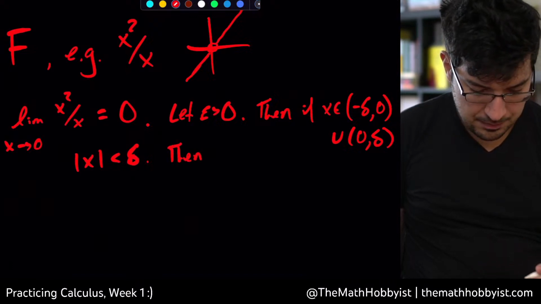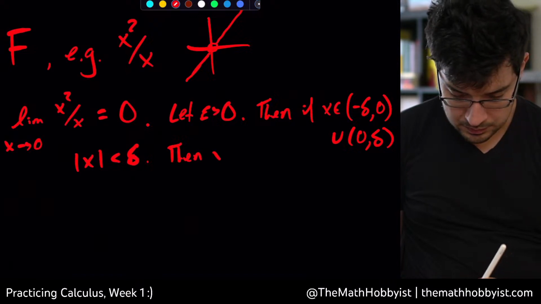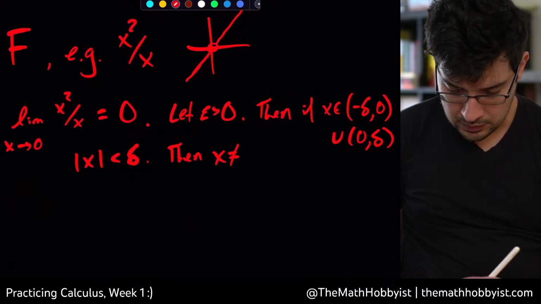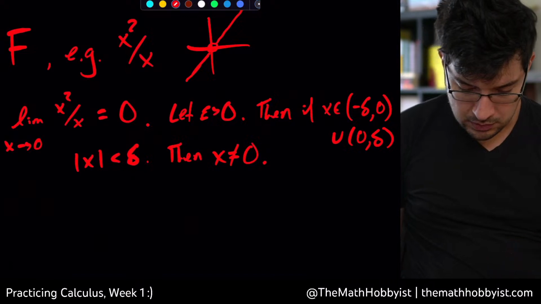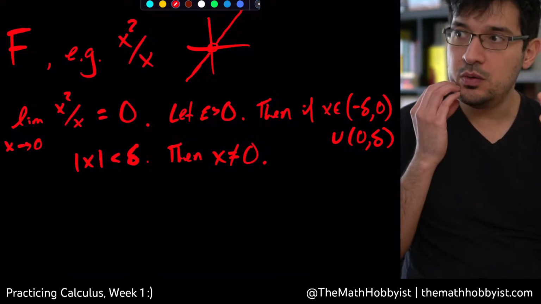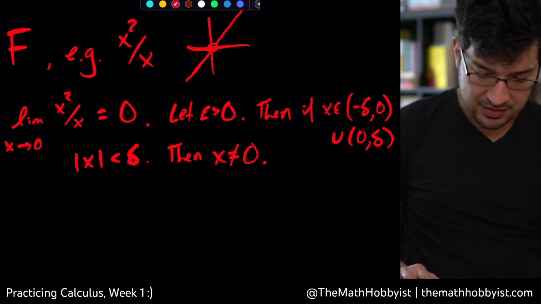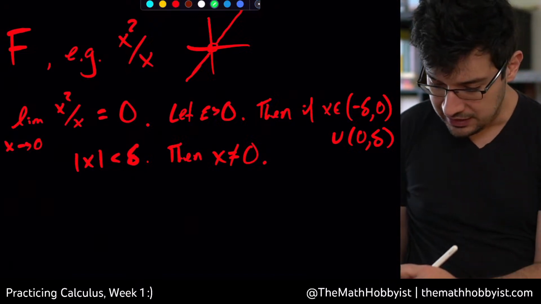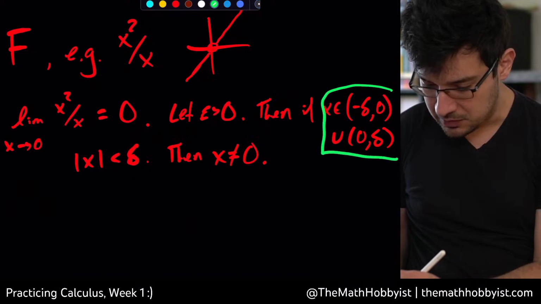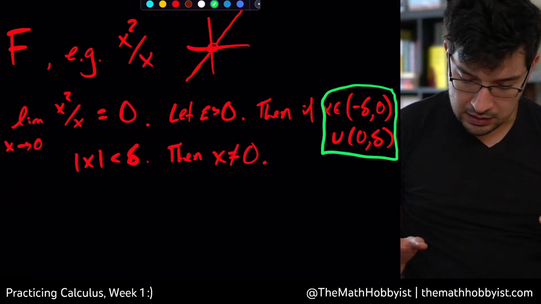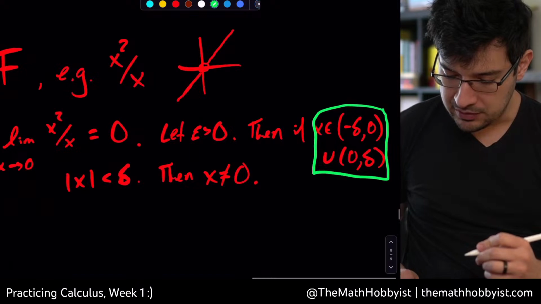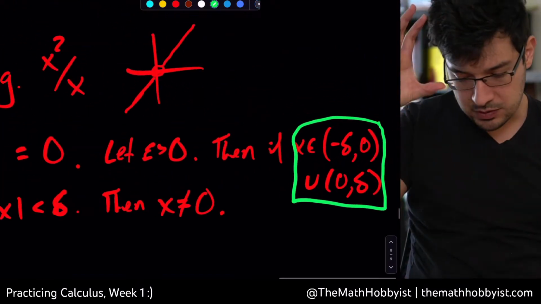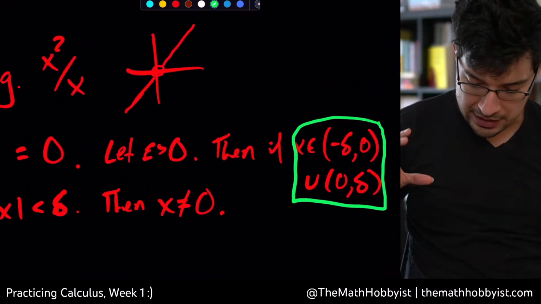Then we know specifically that x is not 0 by this definition. We can see that x is not 0 because that endpoint 0 is a round parenthesis, not a square bracket.